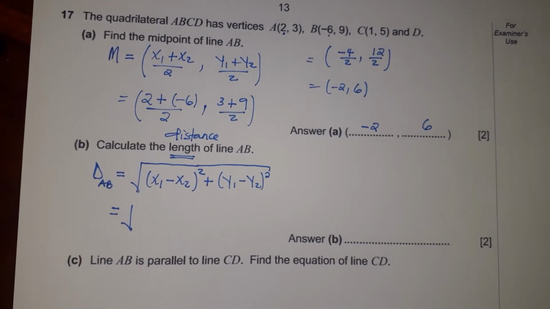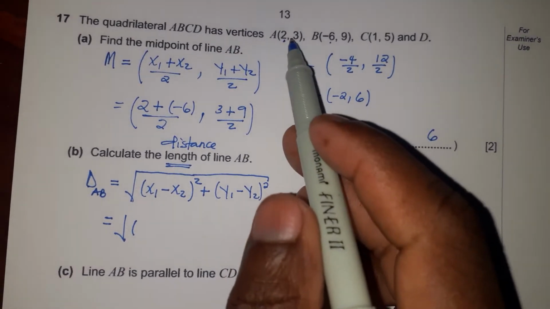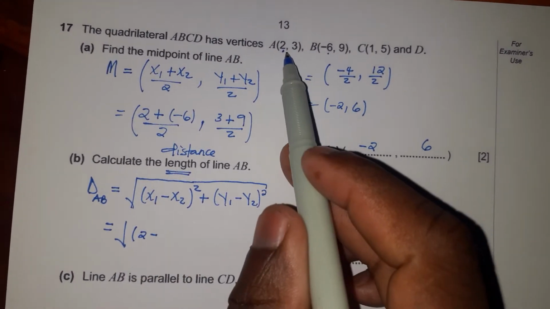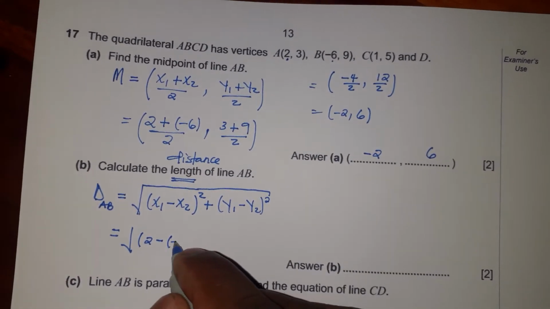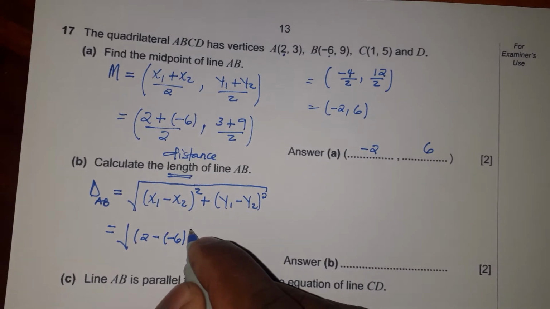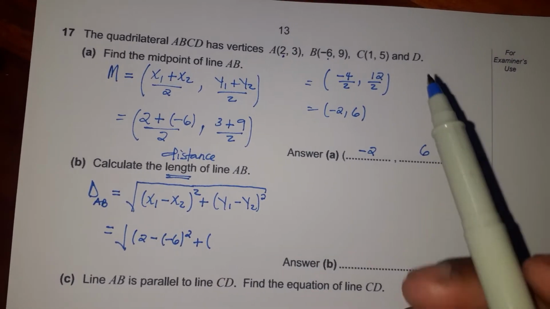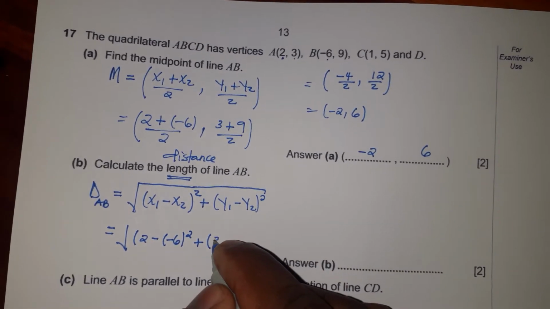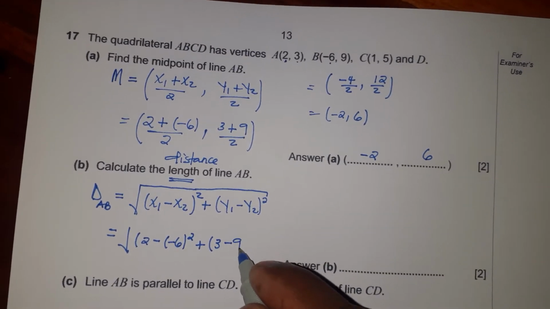Now after that, we can now substitute in our formula. Our x1, like we said, is positive 2 minus our x2 is negative 6. Square that, plus our y1 is this number here, positive 3, and then our y2 is positive 9.